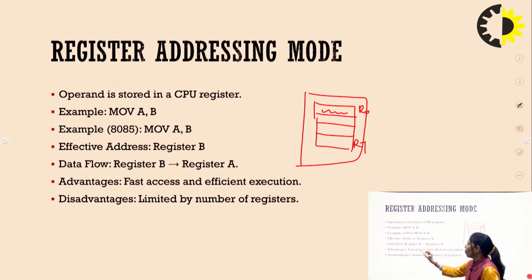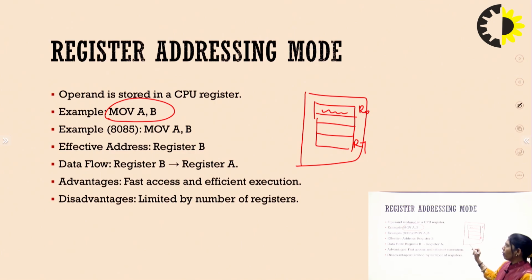for execution. So, here the register flow for our example, move A B, will be somewhat like this.